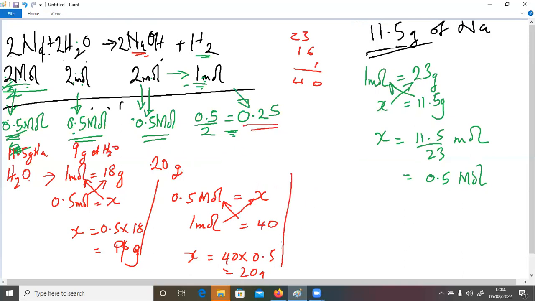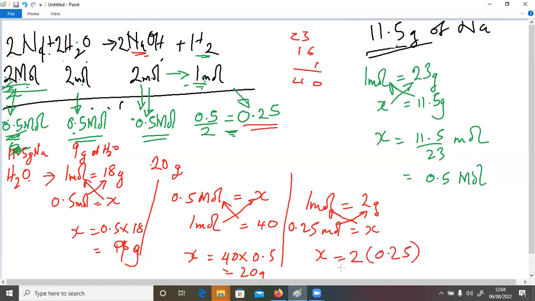And then how much hydrogen will be produced in terms of weight? I know that 1 mole of hydrogen is equal to 2 grams, but this time we are producing 0.25 mole of hydrogen. How heavy is it? Our X is equal to 2 multiplied by 0.25, which is 0.5 grams.